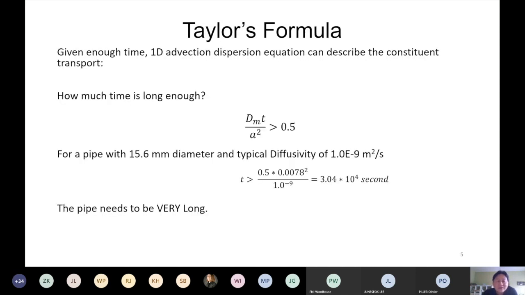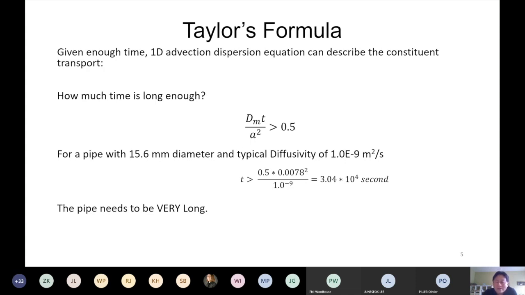But there are conditions to apply this kind of formula. The time needs to be long enough. Given enough time, the 1D advection dispersion equation can describe the constituent transport, because this transport mechanism, as I showed before, is indeed a 2D or even 3D phenomenon. But to apply this 1D equation, we have to have enough travel time.